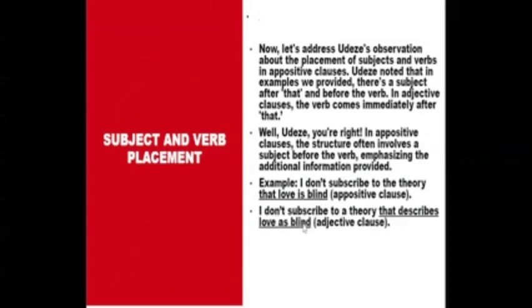Now, this is quite different from an adjective clause. If we reconstruct this sentence as follows: I don't subscribe to a theory that describes love as blind. You see, now, after that, we have a verb. That is exactly the observation that Udeze made, and that is quite correct.